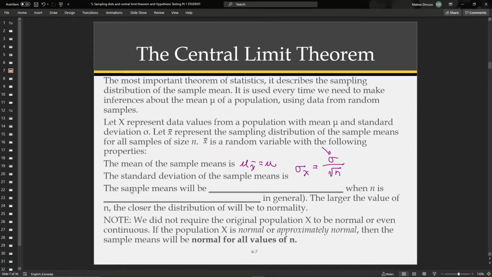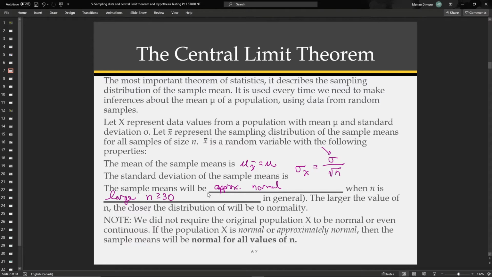Remember, sigma is the actual population standard deviation. So the sample means will be approximately normal when n is large. In statistics, it's generally agreed that n is large if n is greater than or equal to 30. It depends, but in general, that's the case.